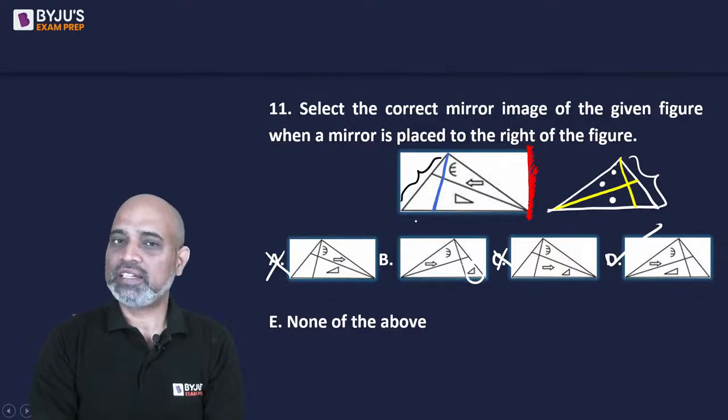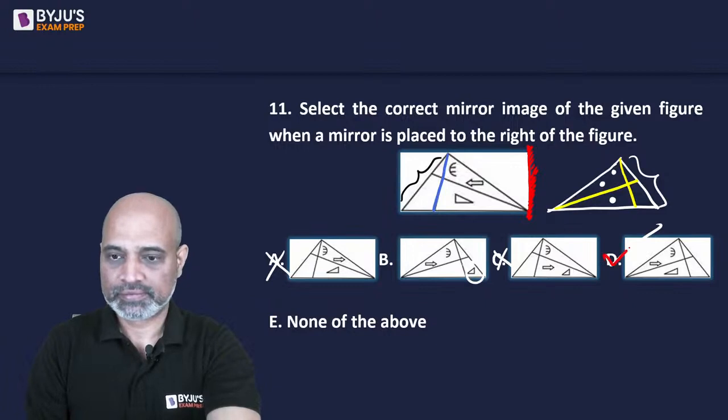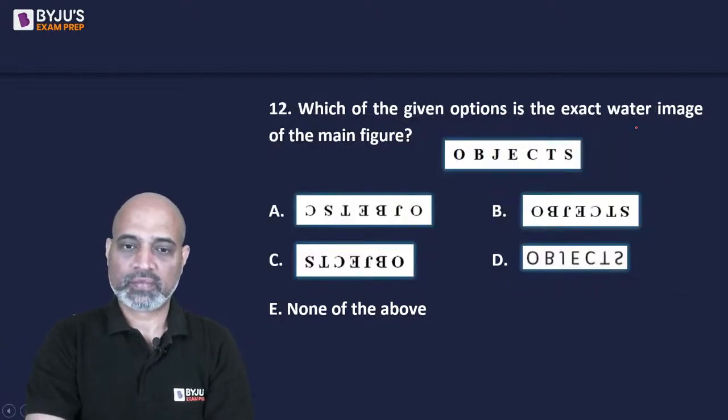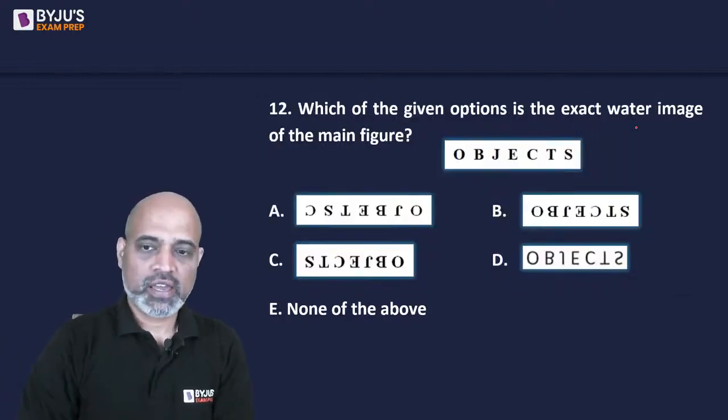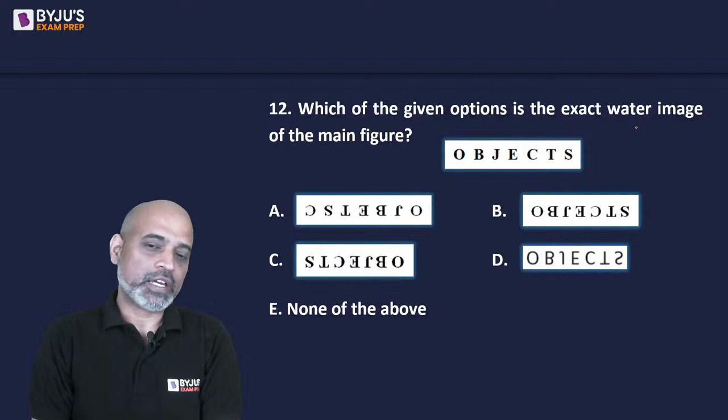All the symbols are inside triangles. So D will make sense, right? Okay. So these are questions from previous years. So आपने अगर पहले कभी करा होगा तो आपको ये repetitive लग रहा होगा.